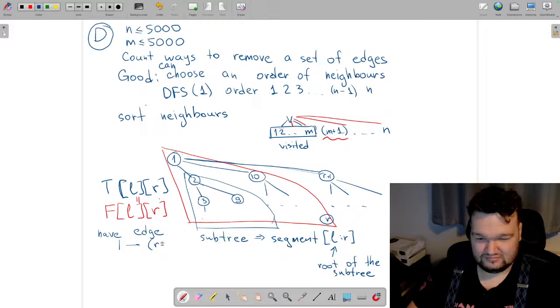And then we are choosing some subtree here that ends somewhere.